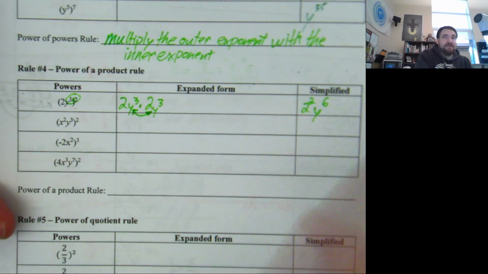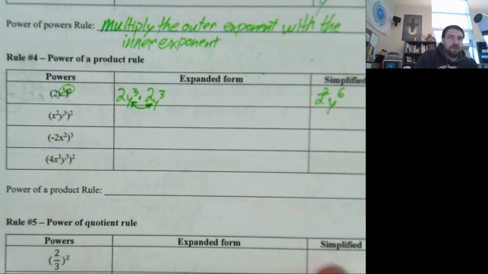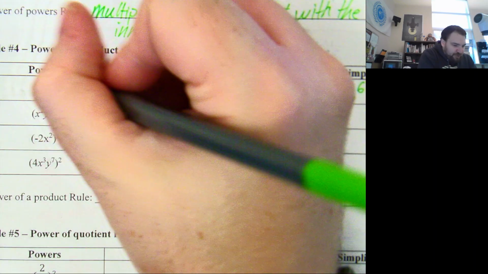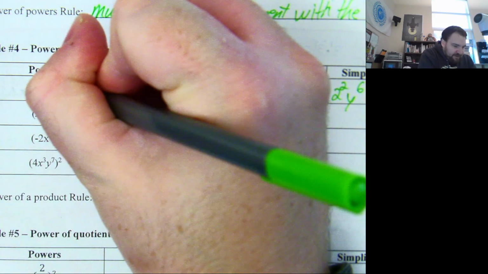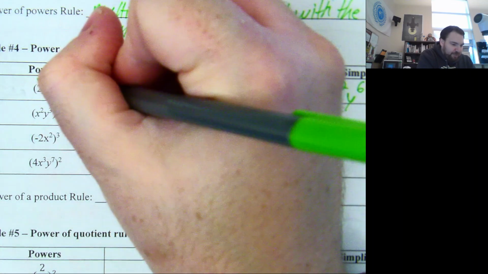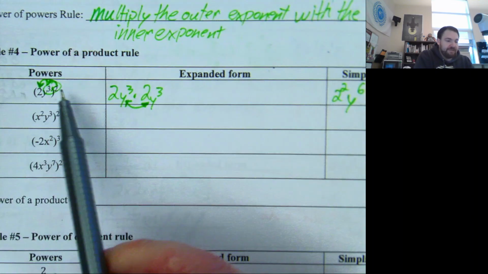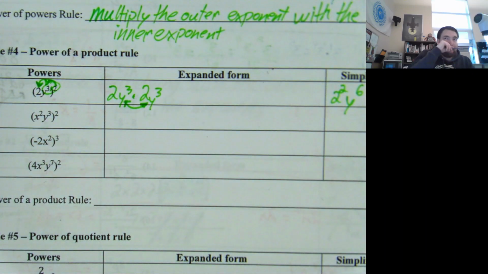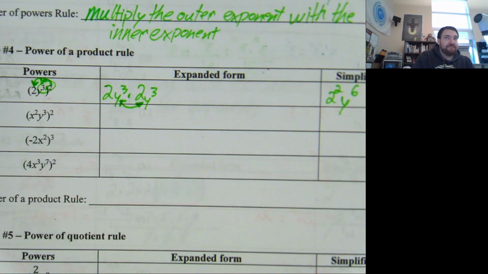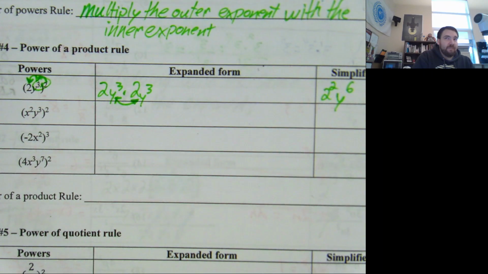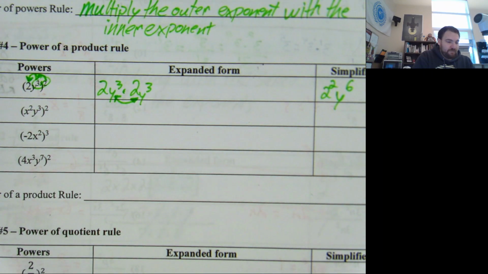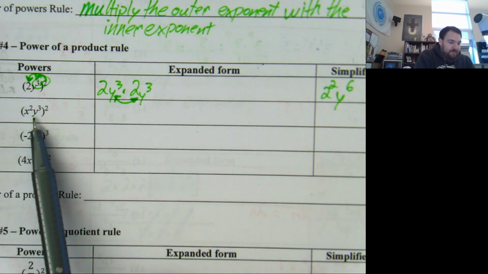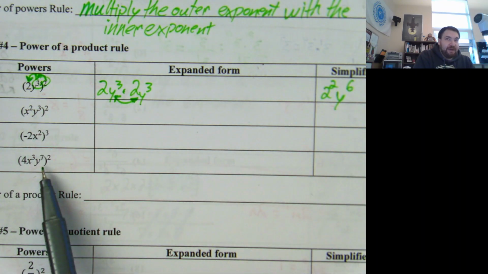And if you look at what has to have happened for that to be true, this outer 2 needs to get applied, that exponent needs to get applied to both pieces inside the brackets. So all of these are going to play out that way.